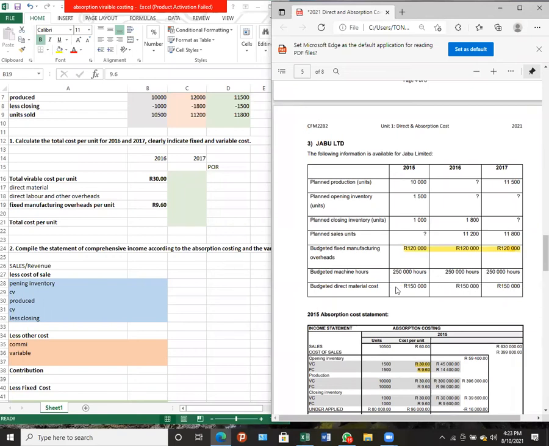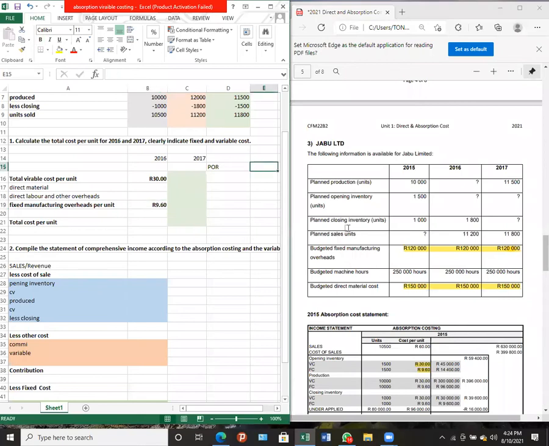The formula to calculate POR is equal to total budgeted fixed overhead divided by a suitable budgeted base. Here, guys, we have 120, which is our total fixed overhead. If you can check, guys, it is constant. Even the budgeted direct material is constant. We're going to take 120.